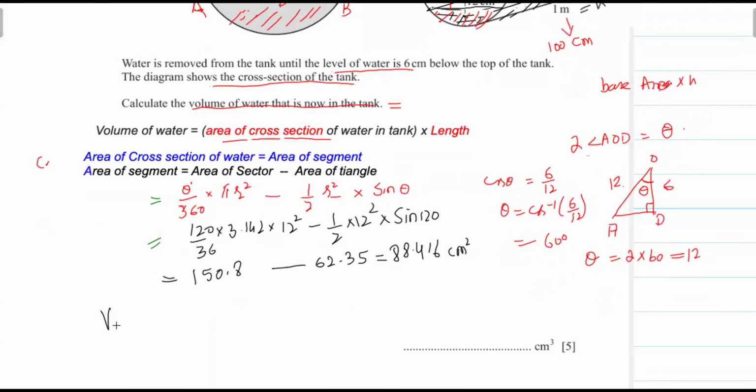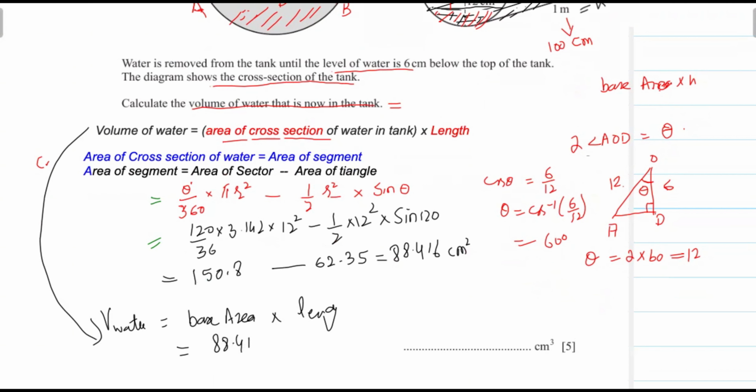We have to calculate the volume of water in the tank. The volume of water will be equal to base area of cross section, base area into length. Look here, this is the volume of water formula, and we put here the base area. And this base area is 88.416 multiplied by length. Length of tank is 100 centimeter.